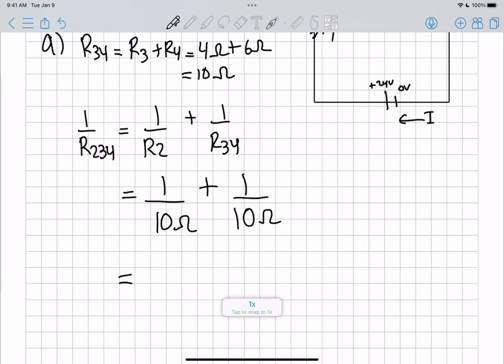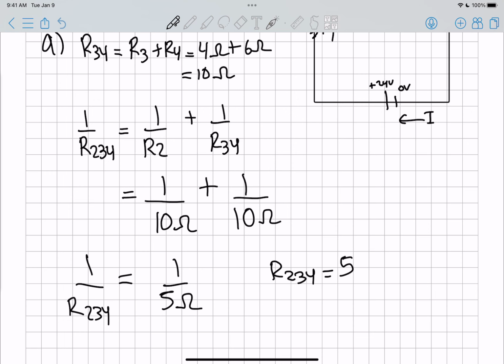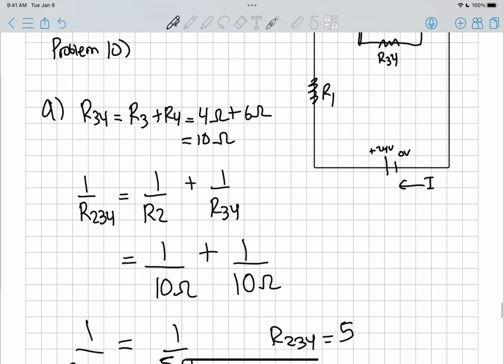So this is just 2 over 10, or 1 over 5, and that's equal to 1 over R234. So R234 is actually equal to 5, right? You take the reciprocal of that answer. Does that make sense where we got that?